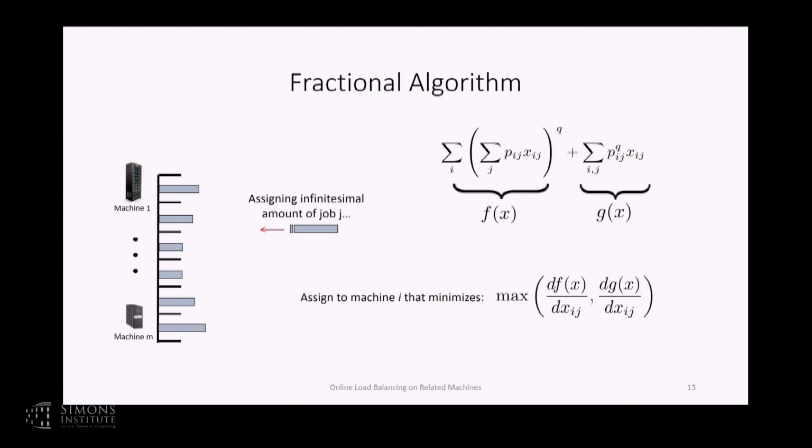It's easier for the proof if we use the max. So that's the entire description of the fractional algorithm. Very simple algorithm. How do we analyze this algorithm? When a job comes, you slowly split it up into tiny fractions, or you can think of it as a continuous algorithm.